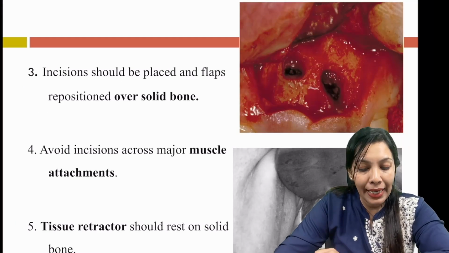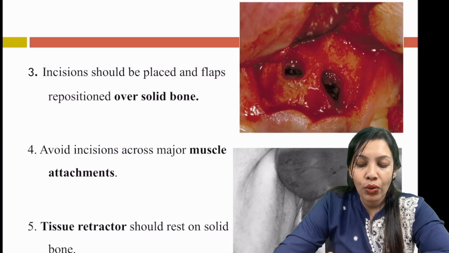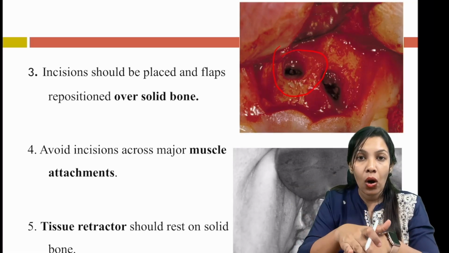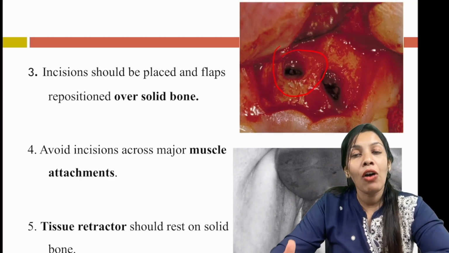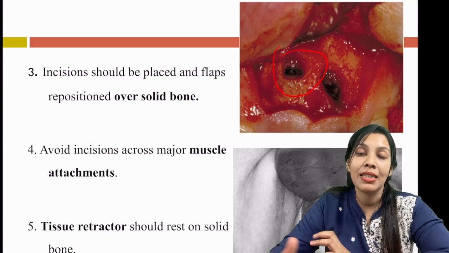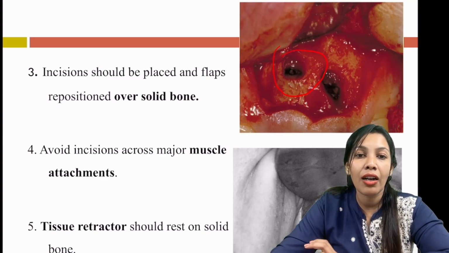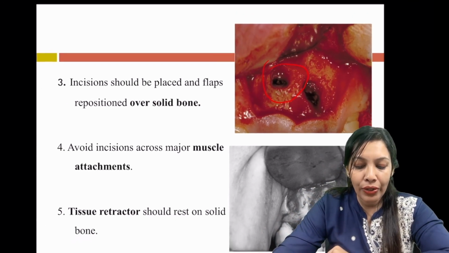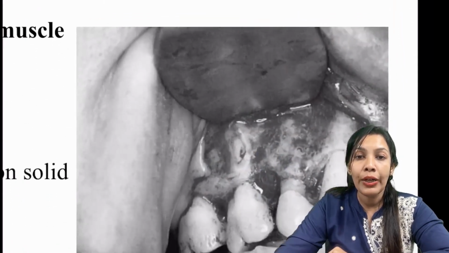Incision should be placed and flap repositioned over solid bone. Where there is bone, we have to reposition on that particular area. Avoid incision in major muscle attachment because there is a chance of a tear of muscles, etc. Tissue retractors should rest on solid bone. You can see this.